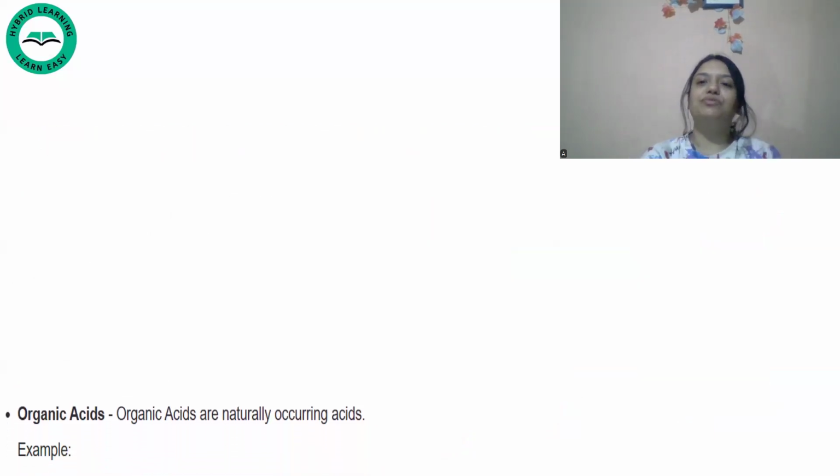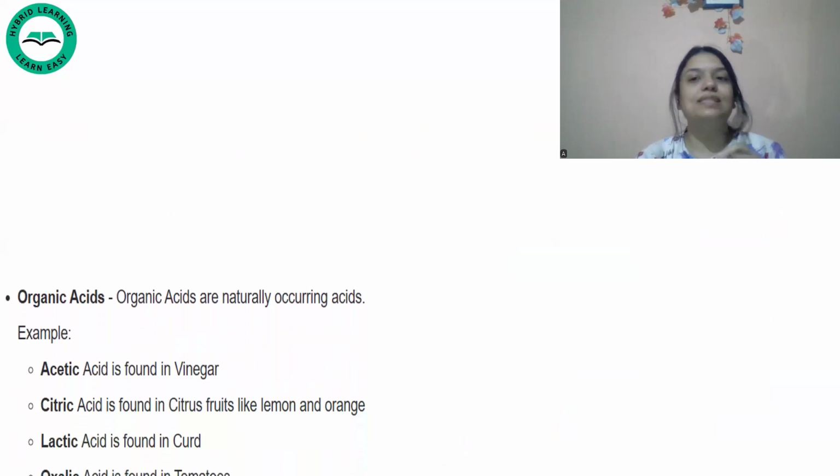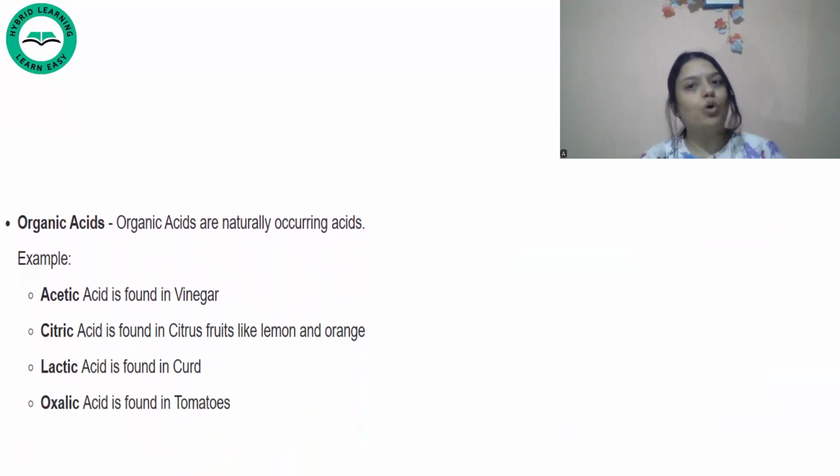Now, we have different types of acids. We will talk about two important classifications. First is organic acids. Organic acids are the naturally occurring acids, like acetic acid, which is found in vinegar, and citric acid, which is found in citrus fruit. Then lactic acid, which is found in curd, and oxalic acid, which is found in tomatoes.